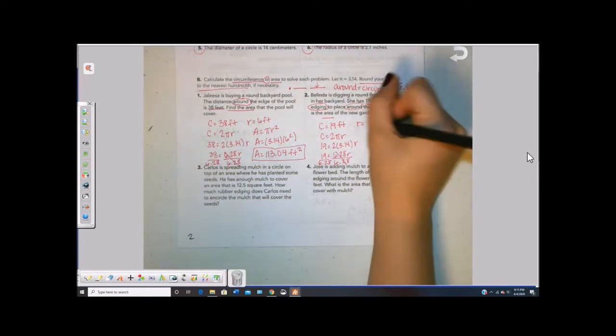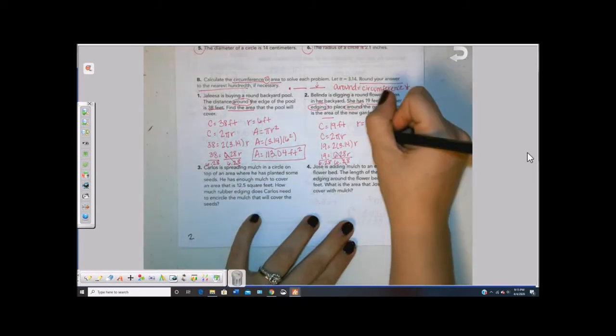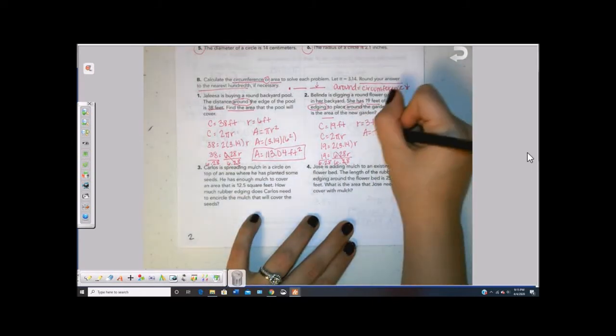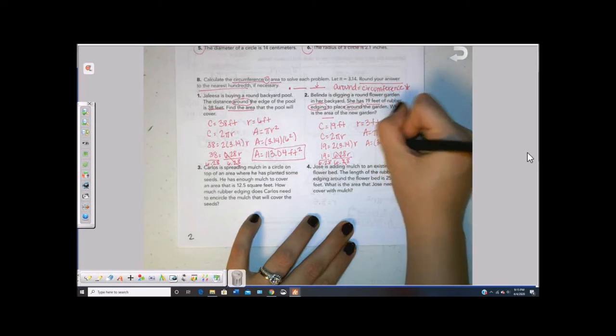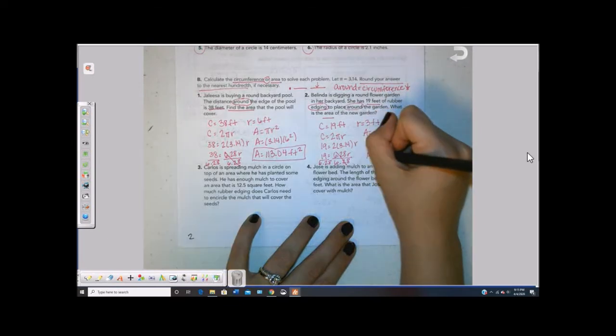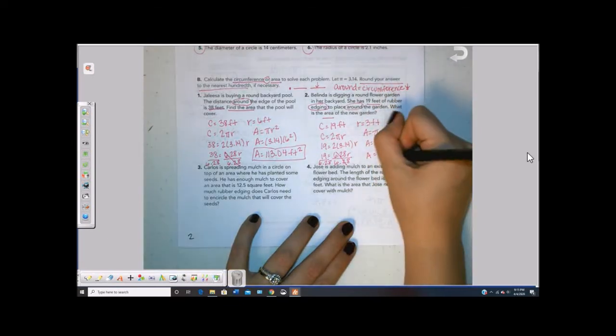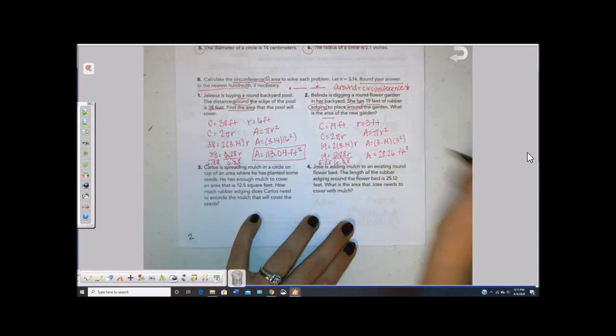And rounding to the nearest whole number, you get r equals 3 feet. And now we can find area. Pi r squared, 3.14 times 3 squared. And your final answer is 28.26 feet squared.